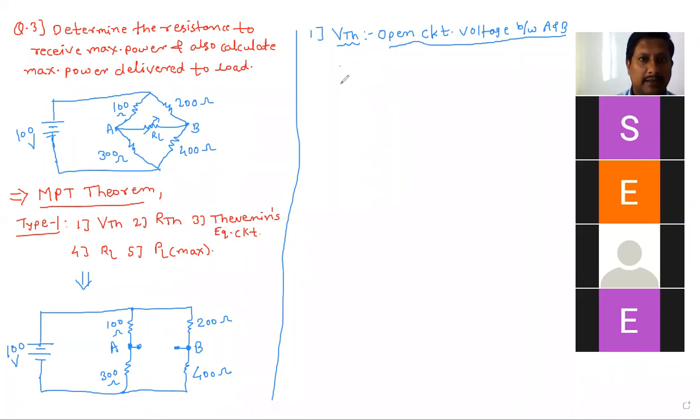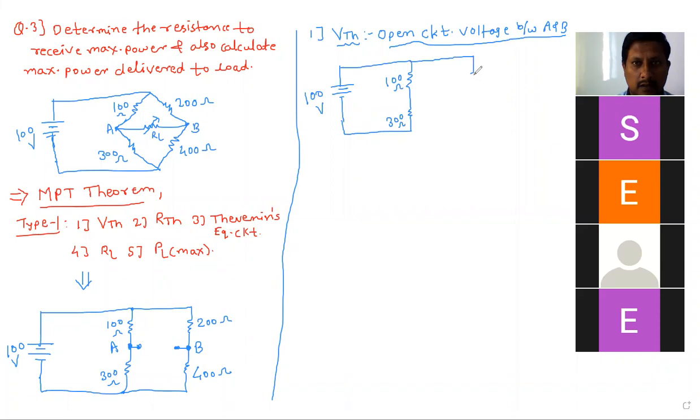So I will draw the same circuit now. Kindly give the attention now. Very interesting circuit it is. This is 100 ohm. This is 300 ohm. Now, who will tell what is the voltage across this branch as well as this branch? 100 volt. Yes, very good.